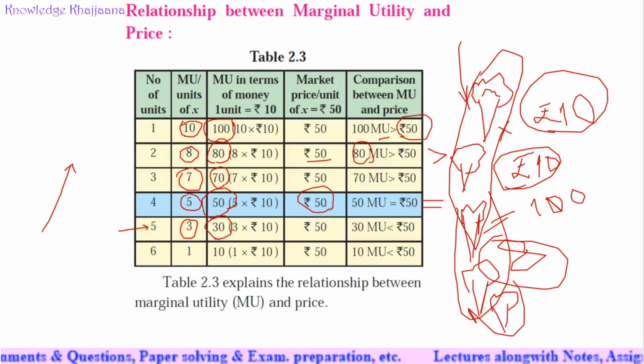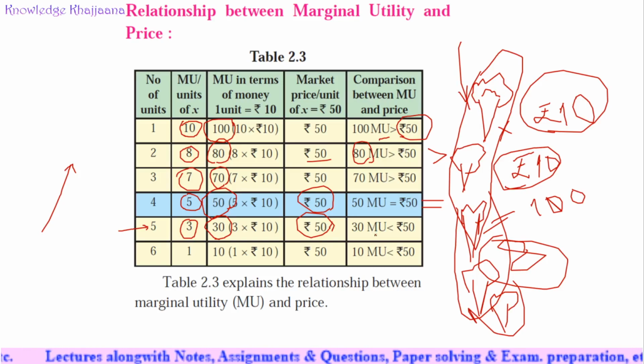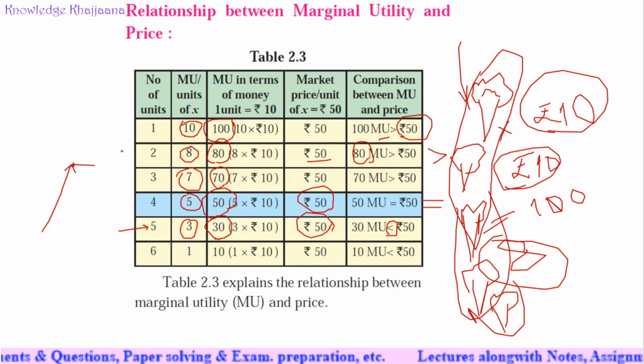And what is the market price? It is 50. So is he in profit now? No, he is in loss. He didn't get any positive utility after consuming the 5th ice cream. So the marginal utility is lesser when he consumes the extra unit after reaching the point of satisfaction. It declined.